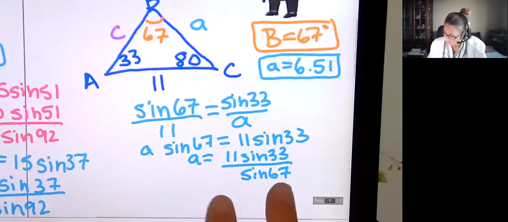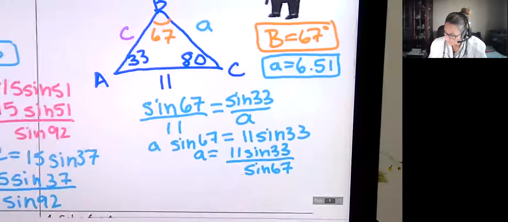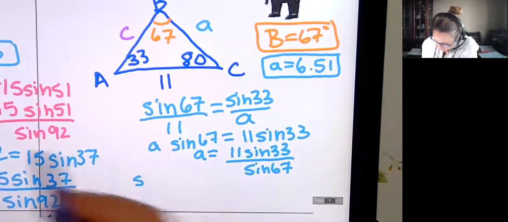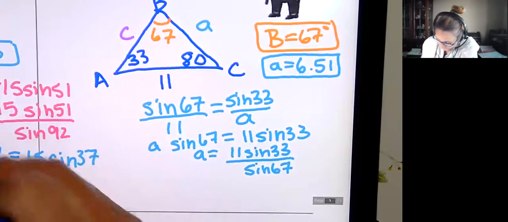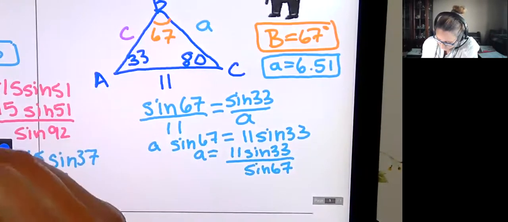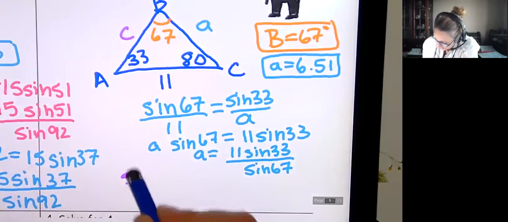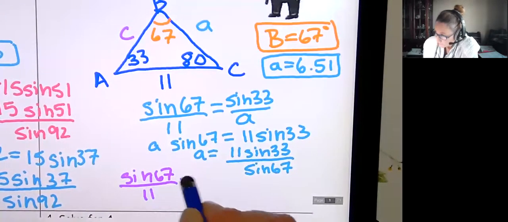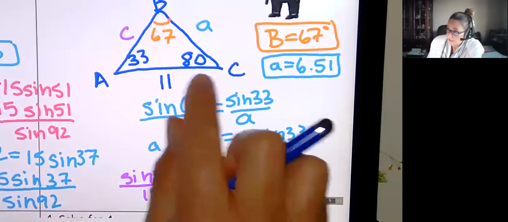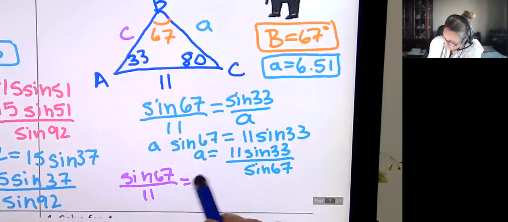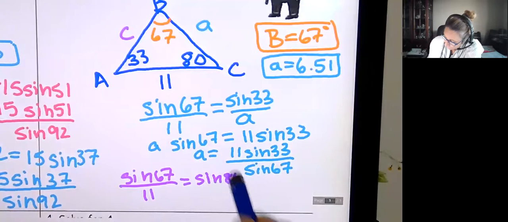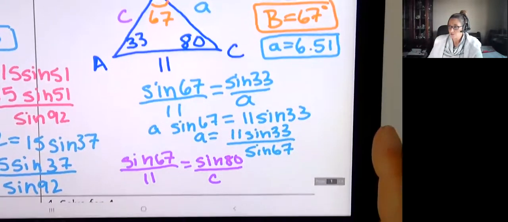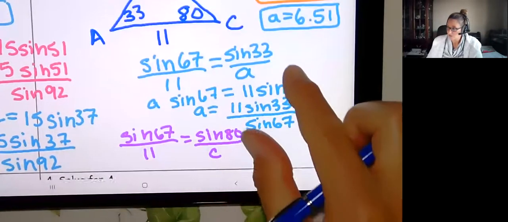Okay, shrink this a little. Okay, so I'm going to do, whoops, thought I got a different color. Sine of 67 over 11 is equal to sine of 80 over C. I am going to cross multiply that, so let me just move this up a little.